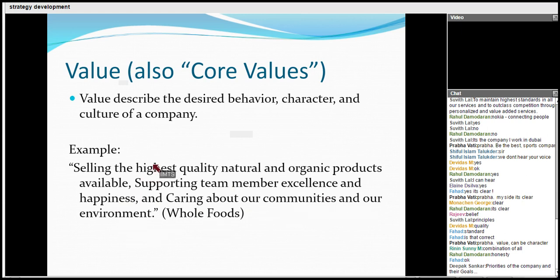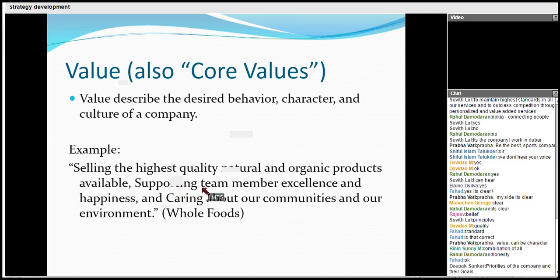So to them, high quality natural and organic product is a value. So they are going to put a lot of effort, a lot of resources to make sure that they have good quality product, because good quality is a value to them. So good quality is important to them.